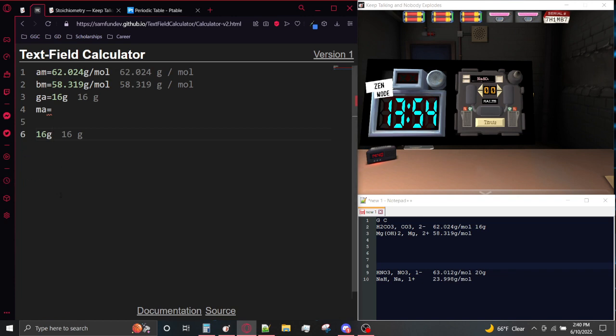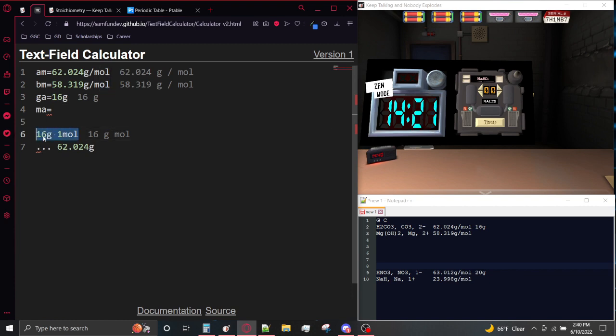How this works is that, let's do this. If you imagine that we have two fractions here, we have 16 grams here, and if we put our grams per mole here, we have 62.024 grams per 1 mole. This is sort of a ratio. So 62.024 grams over 1 mole.